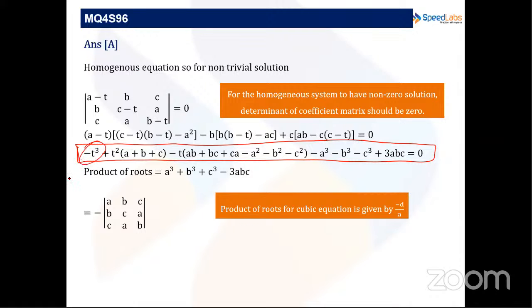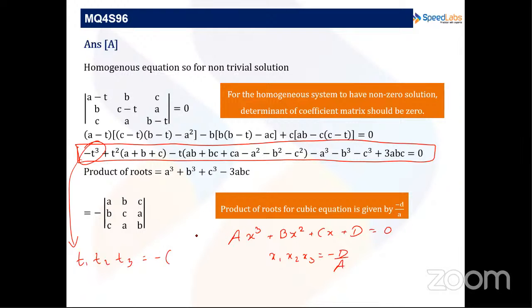Since it is a cubic equation in t, it will be having the three roots t1, t2, t3, and from the basic knowledge of cubic equation, we know that the product of all the roots will be equals to minus d upon a.